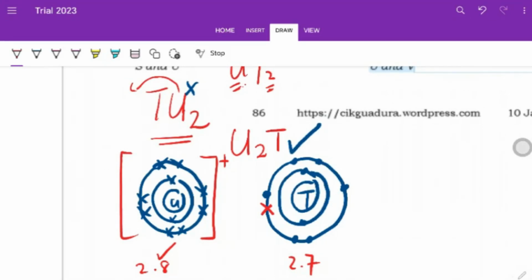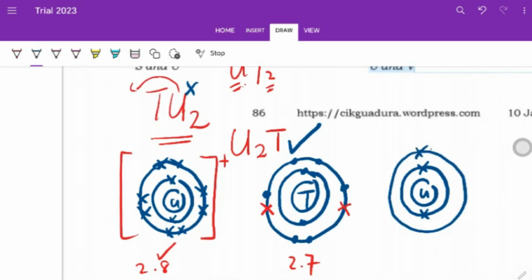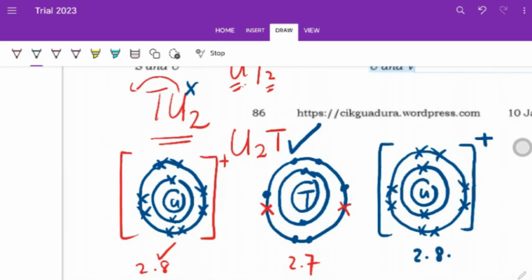So you need to receive another electron from another U. So you need another U to give another 1 electron. So positive. This one is 2 8 also. Then here, no more 2 7, actually 2 8 already. So the charge is 2 negative.